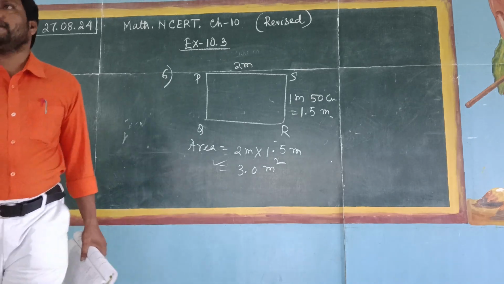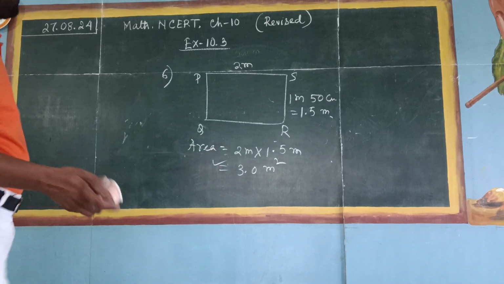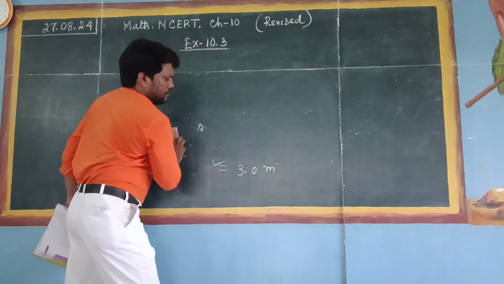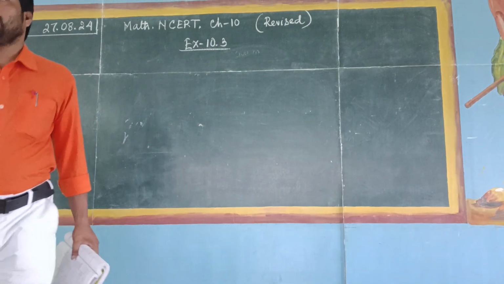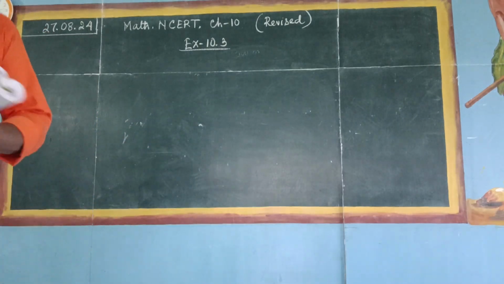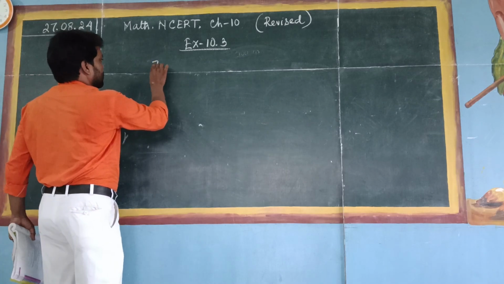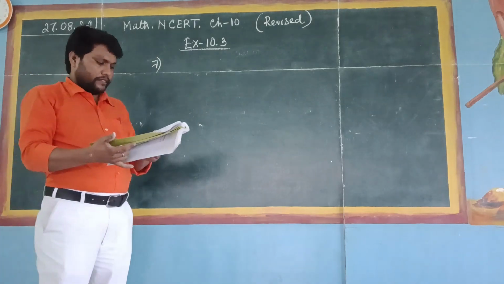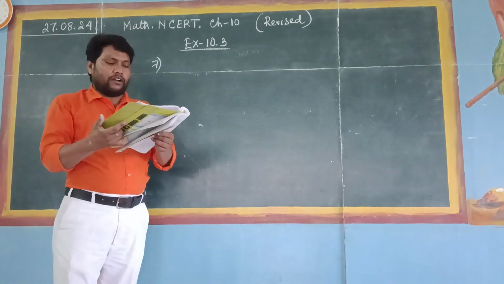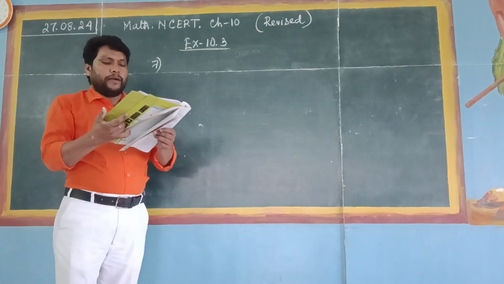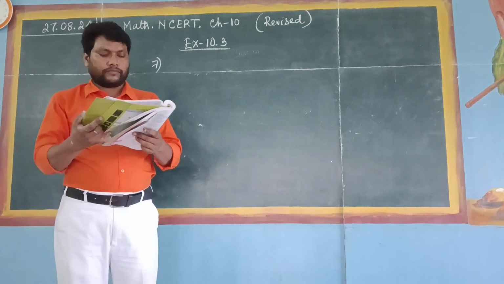Next, question number 7. A room is 4 meter long and 3 meter 50 centimeter wide.